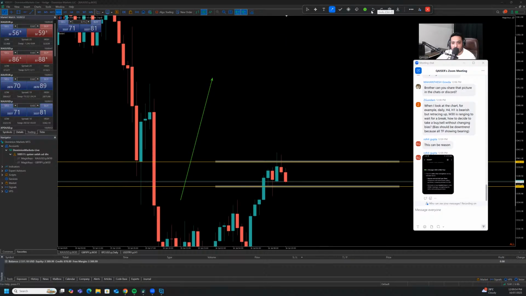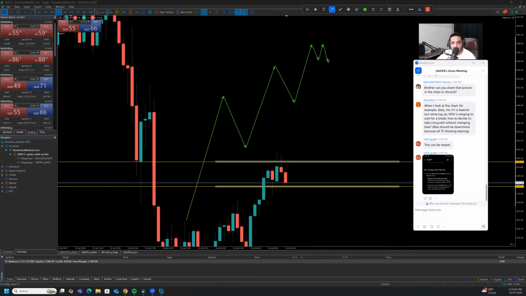But once you see the candles start consolidating, printing side by side, you need to accept that the trend has stopped now. You need to understand this. There's no trend going on now.